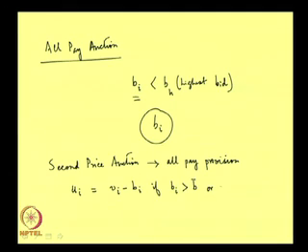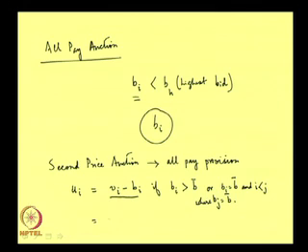Or B_I is equal to B bar and I is less than J, where J is the index of the player whose bid equals B bar. So it may also happen that I bid the highest bid of the other players, but my index I is lower, and therefore I get the object, and in that case my payoff is V_I minus B_I.